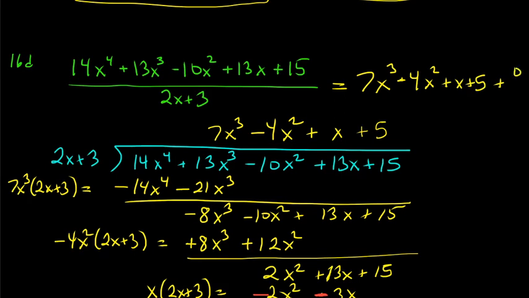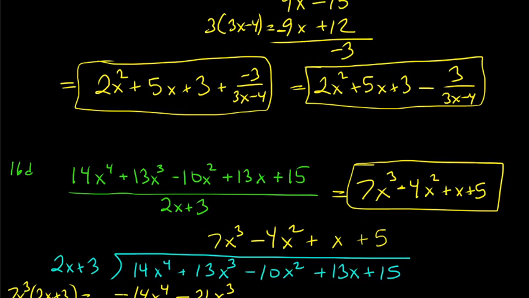You don't have to add 0 over 2x plus 3, because 0 divided by 2x plus 3 is 0, and 5 plus 0 is just 5. So you can leave it like that when there's no remainder. When there is a remainder, you have to include it, right? So make sure that if the remainder is non-zero, you include that extra term there.